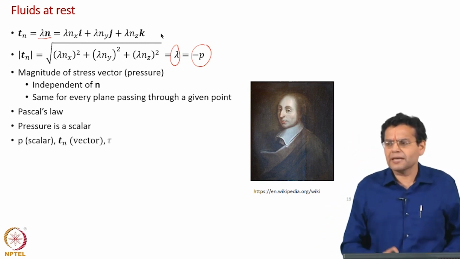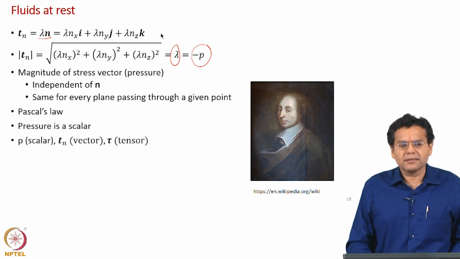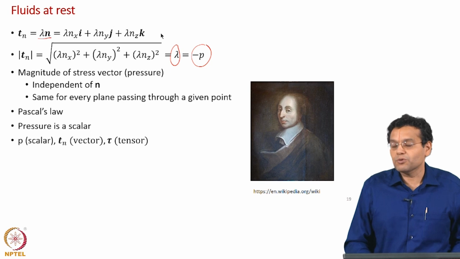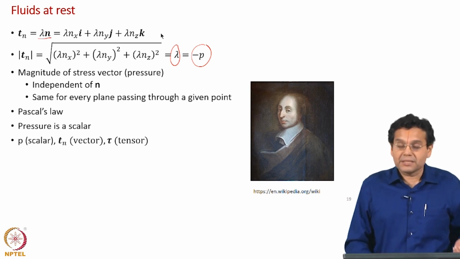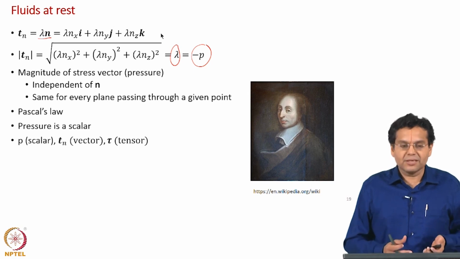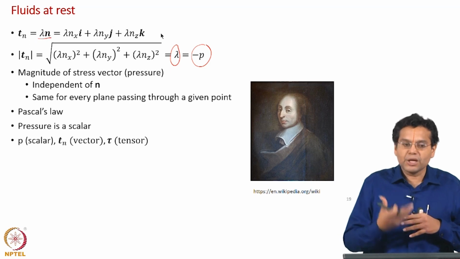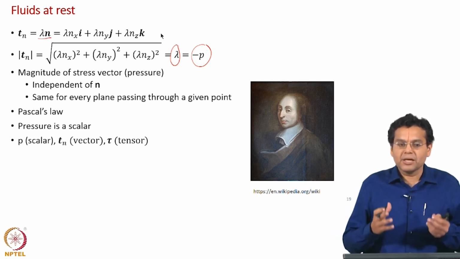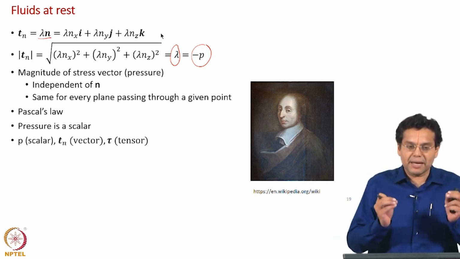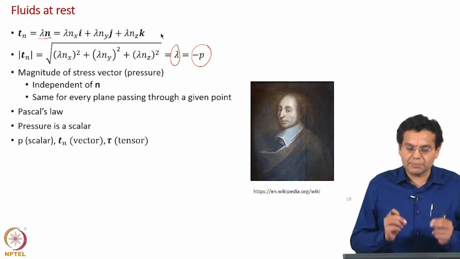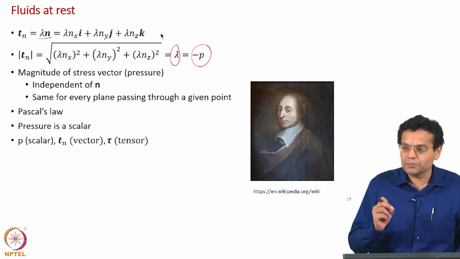Pressure is force per area, stress vector is force per area, stress tensor is force per area. So, going by units looks a little confusing, but pressure is a scalar. Why? As we have seen now, we have proved that pressure at a point is independent of direction. Any quantity that is independent of direction, which can be characterized by magnitude alone, is a scalar. That is why pressure is a scalar, though the units are force per area.